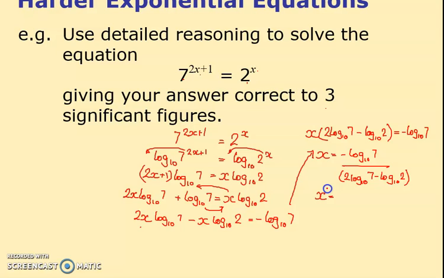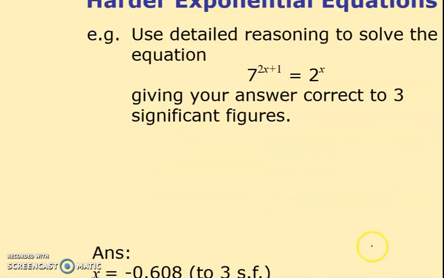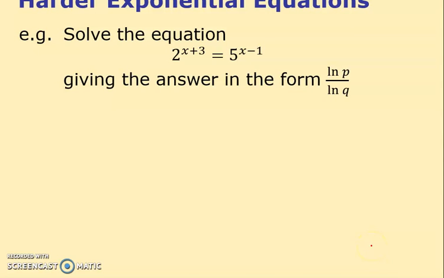And on my calculator, when I press equals, I get minus 0.608. Now, I'll be honest, I included the minus on the top. I have no idea if that's right or wrong. Minus 0.608, so that was lucky. It was right.